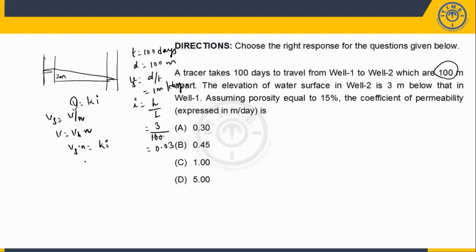Vs is 1 meter per day, n is the porosity 0.15, equal to K into i, which is 0.03. K equals 1 into 0.15 upon 0.03. What is the answer?